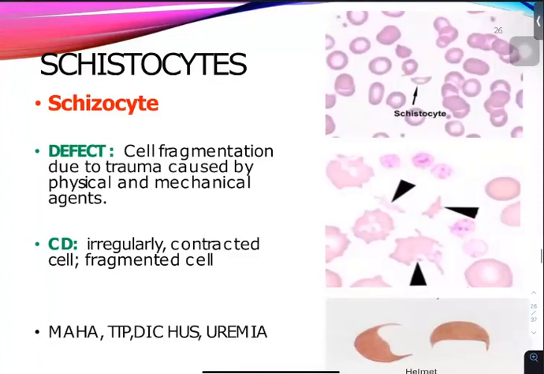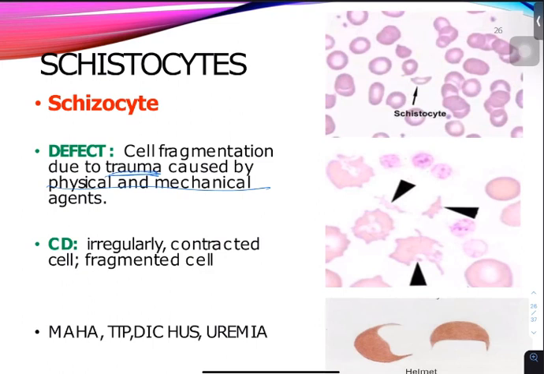Next is your schistocytes or your fragmented cells. Okay, schistocytes. Cell fragmentation due to trauma caused by your physical and mechanical agents. Okay? Also, this is being associated to the rupture of the cell during the circulation in your body. Okay.